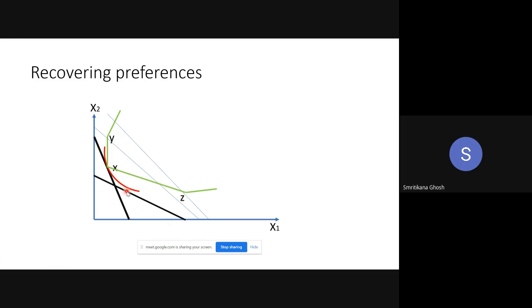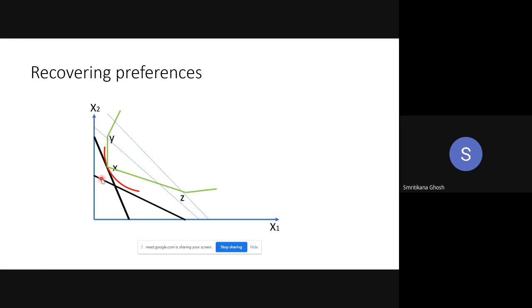Now look, if I concentrate on the first point, what information am I getting? Above this particular point is more preferred by the consumer, and below this particular point is less preferred by the consumer.